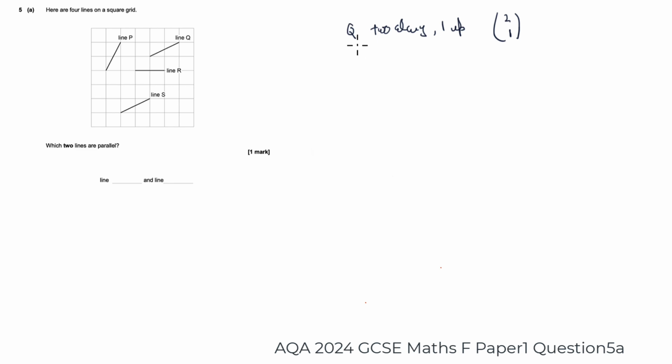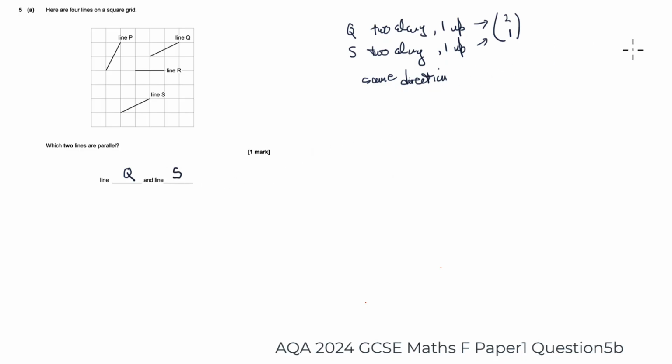And also S goes 2 along and 1 up. So that's the same as that. And that would mean they're in the same direction. So they are parallel. So that would be Q and S.